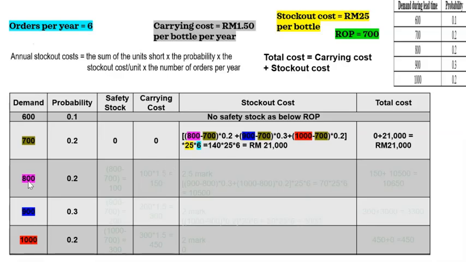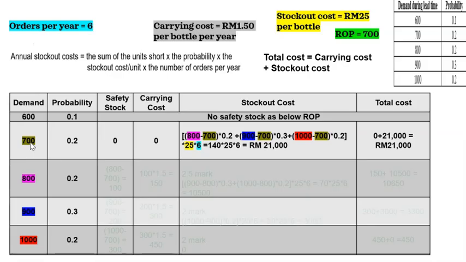So for the 800, the calculation is 800 minus 700 times 0.2, plus 900 minus 700 times 0.3, and then for 1000 is 1000 minus 700 times 0.2. You calculate all this first, then you times with the stock out cost, 25 ringgit, and also the orders per year, 6. So you get 21,000.